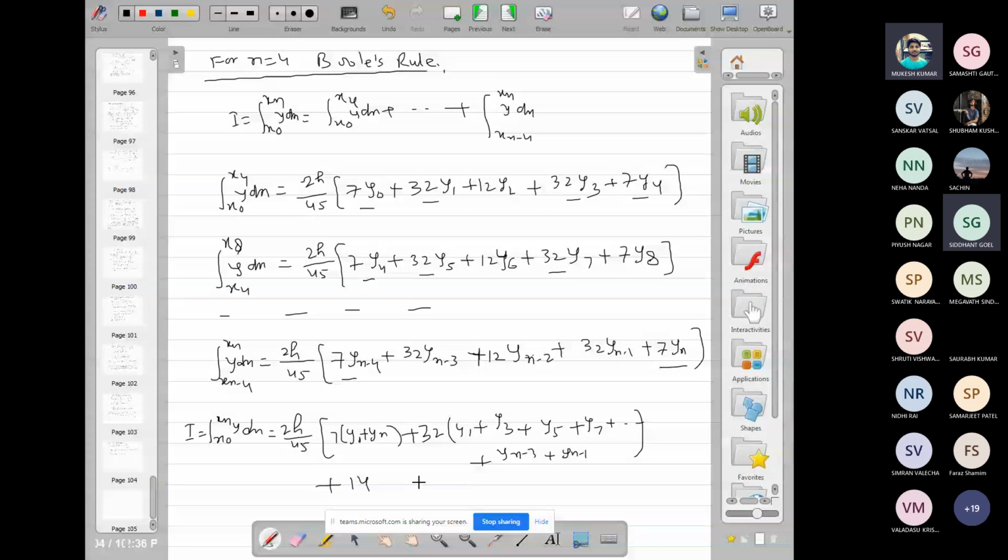So this is the general formula for Boole's rule.